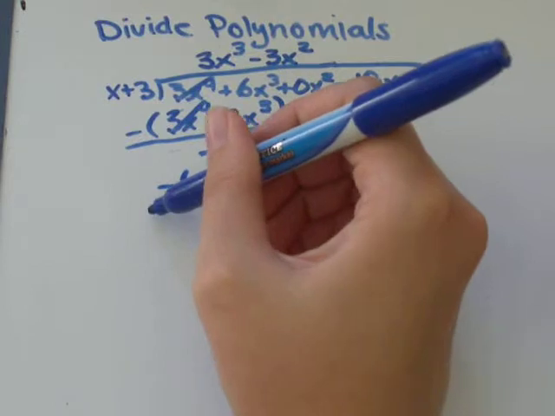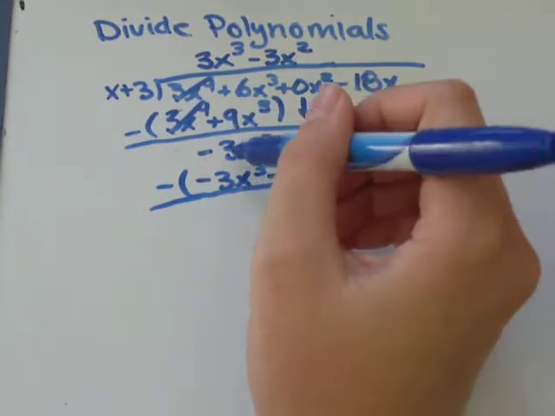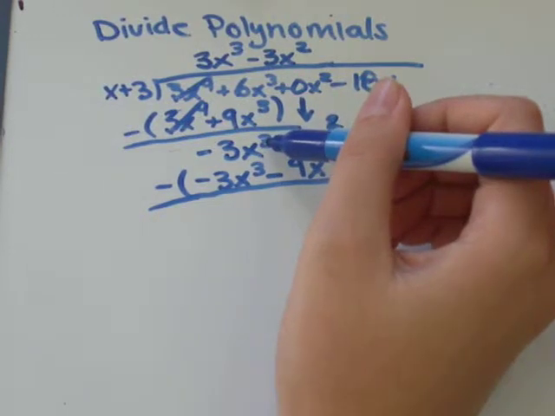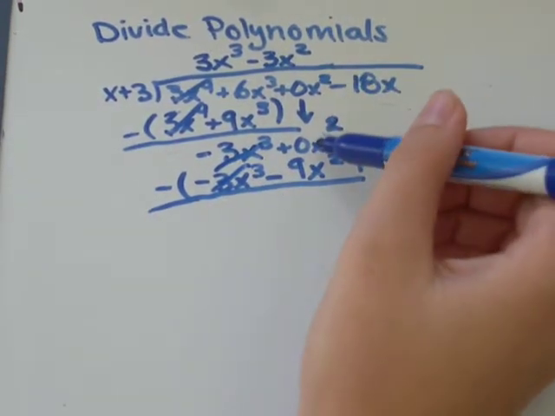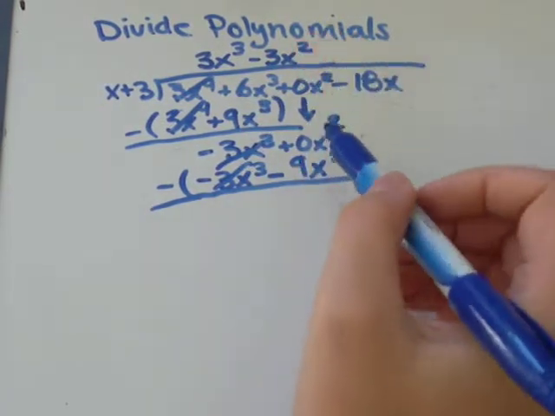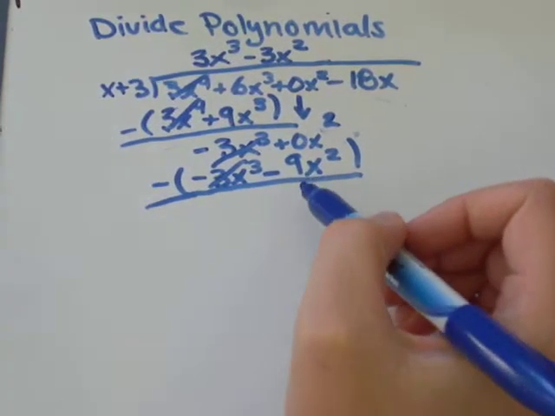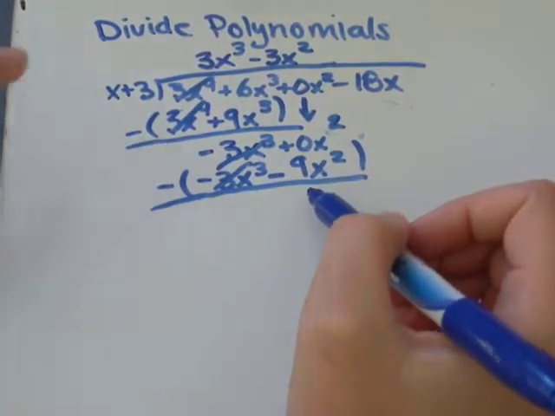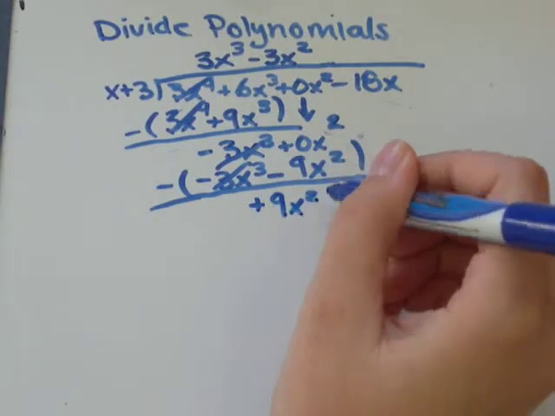So I'll subtract those. Negative 3x cubed minus negative 3x cubed, that's the same as negative 3x cubed plus 3x cubed, so those will cancel out. And I'll have 0x squared minus negative 9x squared. That's the same as 0x squared plus 9x squared, because negative minus negative is positive. This will be plus 9x squared.